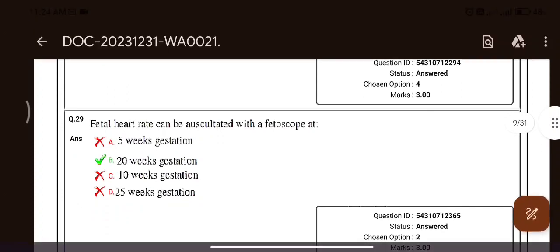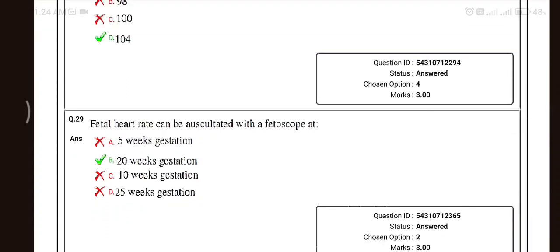The fetal heart rate can be auscultated with a fetoscope at 20 weeks gestation. It may vary when using ultrasound or a stethoscope, which have different weeks. Using a fetoscope, it's 20 weeks.